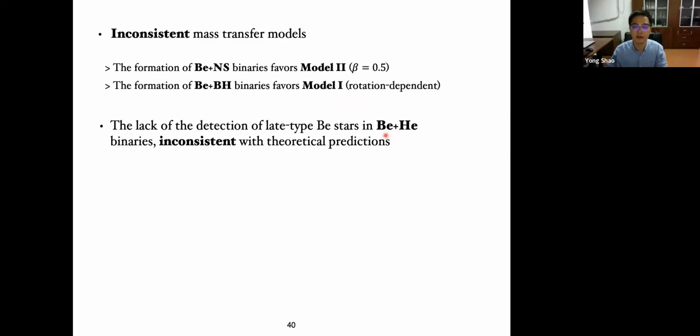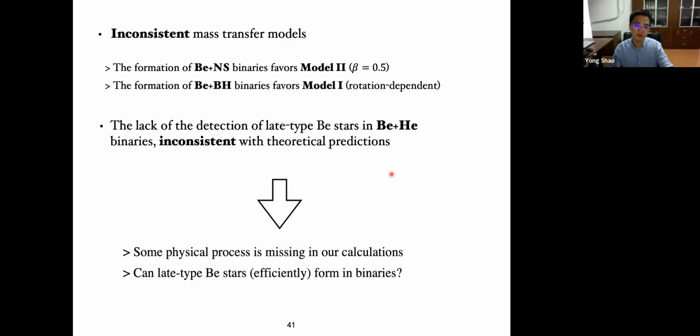So we can also find that for B plus helium star binaries, there is a lack of detection of late type B stars. This is inconsistent with our theoretical predictions. So some physical processes are missing in our calculation, or can late type B stars efficiently form in binaries?